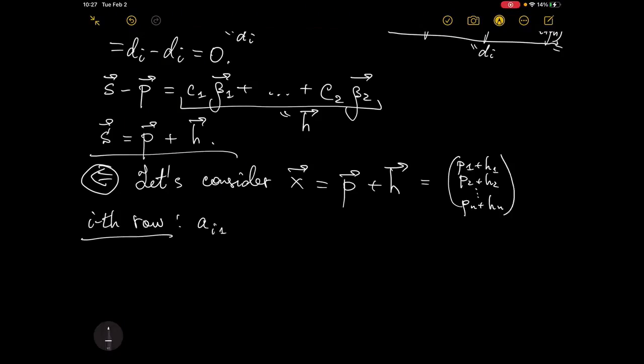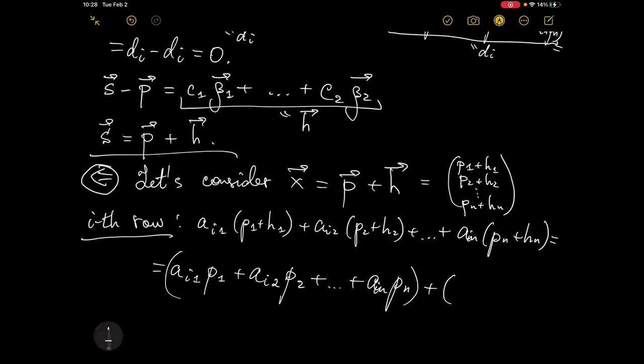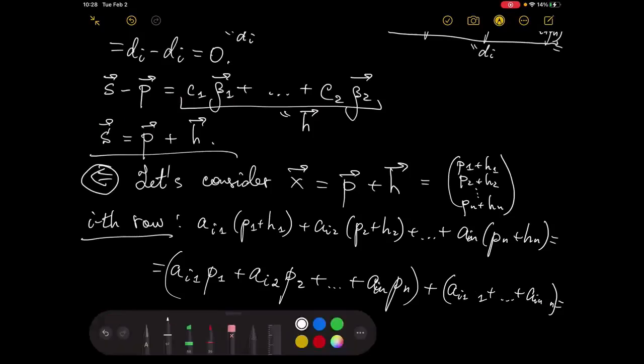So a_i1 times (p1 plus h1), and so on up to a_in times (pn plus hn), and let me again redistribute it. Sorry, h, of course.